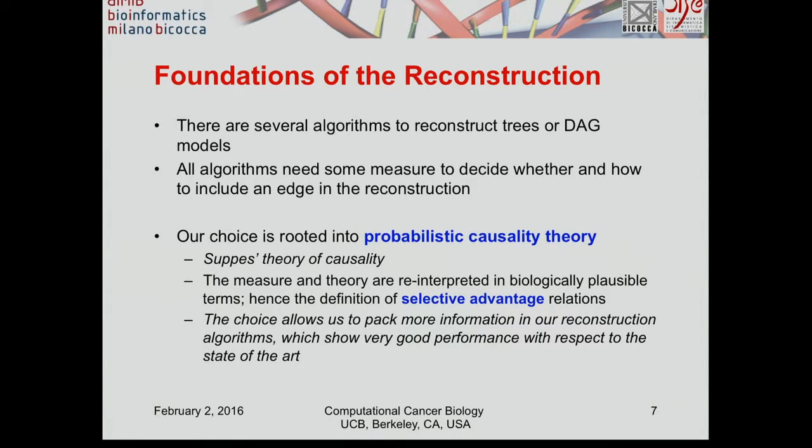Basically, we say that we can score the relation and say that one alteration confers the tumor a selective advantage in order to subsequently acquire the next alteration. This is an interesting reinterpretation which was suggested by one of the reviewers of one of the papers that we published on the subject, and it's also interesting because, let me be very candid here, it makes the whole notion of causality much more palatable to biologists.